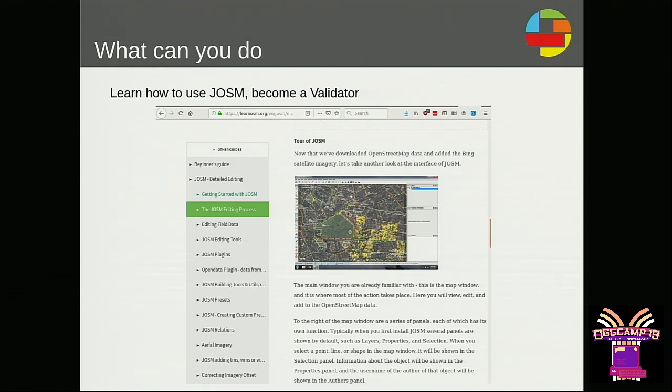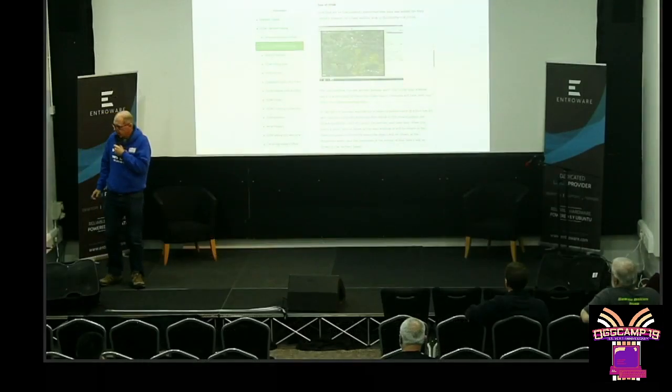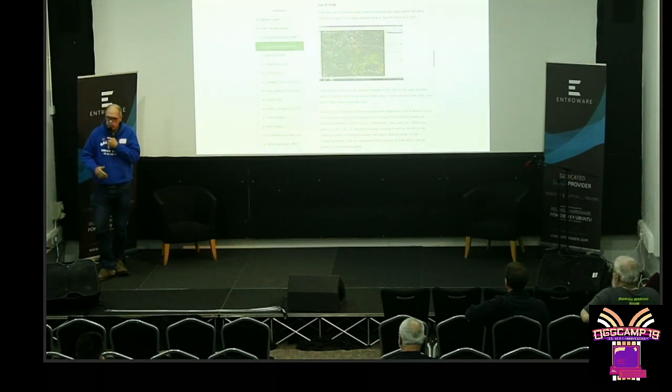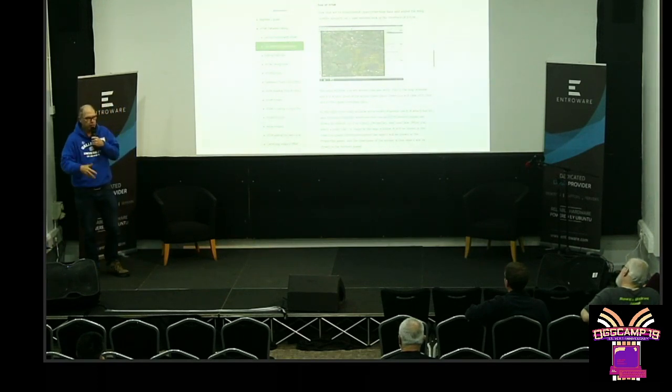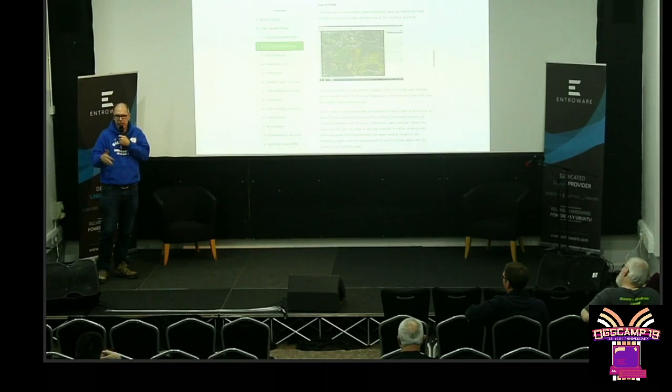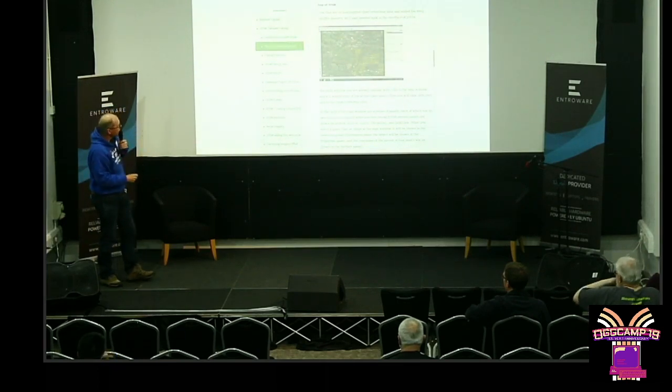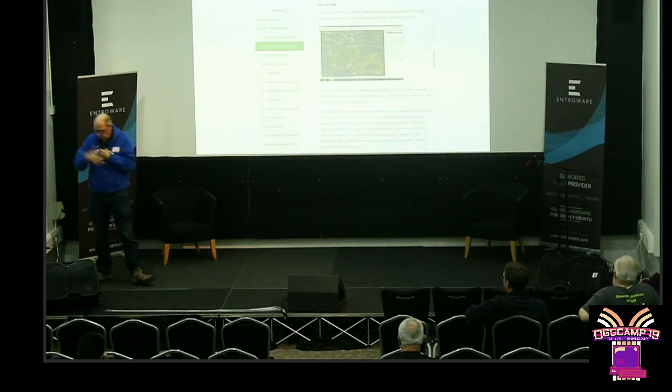Oh, you haven't done this building properly, or you haven't separated these out, you've joined them all together, or buildings are either square or round, you've not squared them properly. So we need people, as you've done more mapping, to become more experienced and learn how to do the validation. That's the next stage.